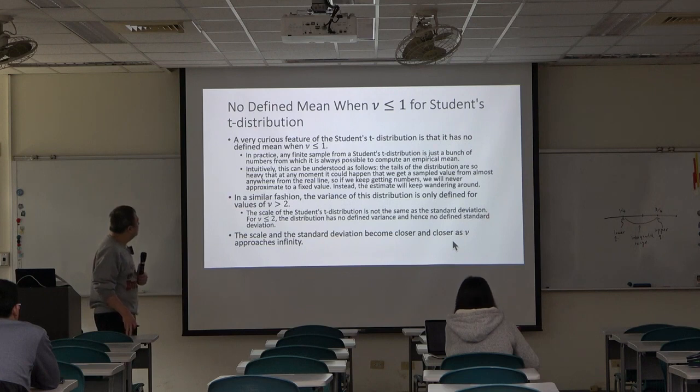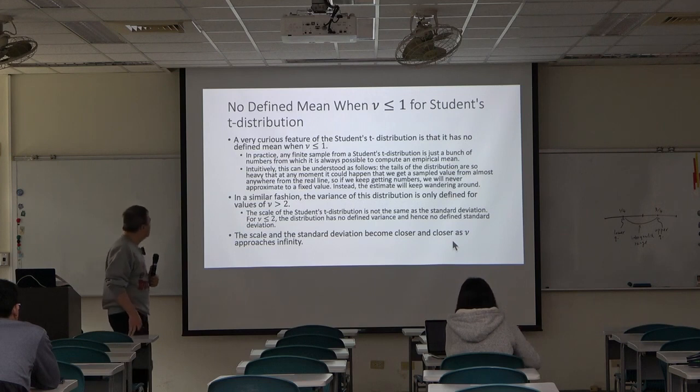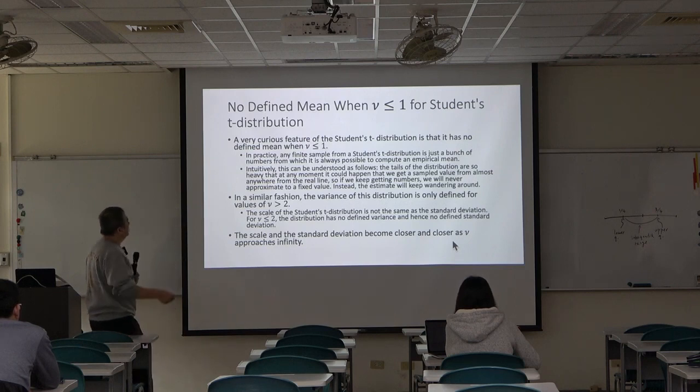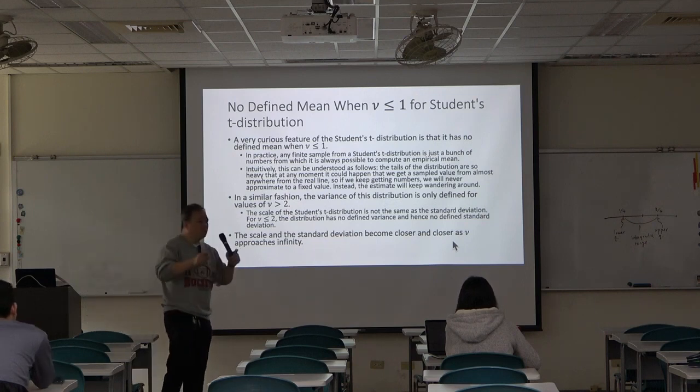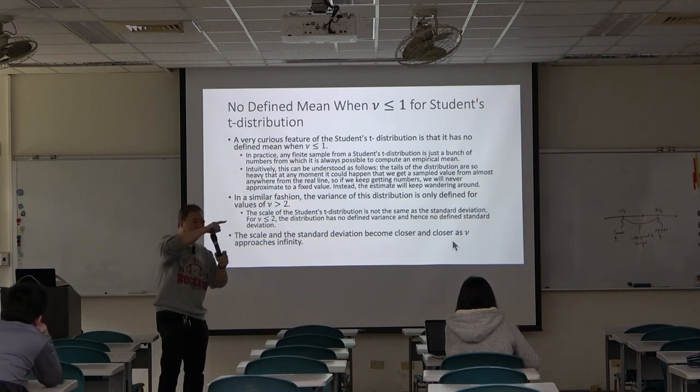There are some factors we need to be very careful about when we set up these values. For example, it has no defined mean when v is smaller than or equal to 1. What do we mean? When v is smaller than or equal to 1, it has no defined mean because it's so heavy-tailed.